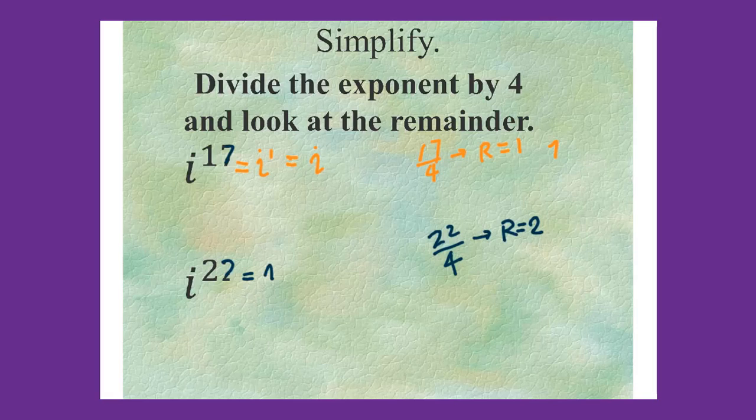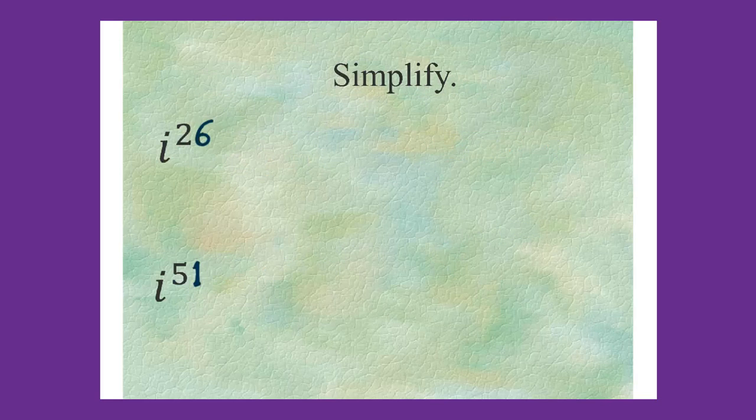Therefore, it equals i squared, which means -1. Another example, i to the 26th power. 26 divided by 4, the remainder equals 2. That means i squared, which is -1.